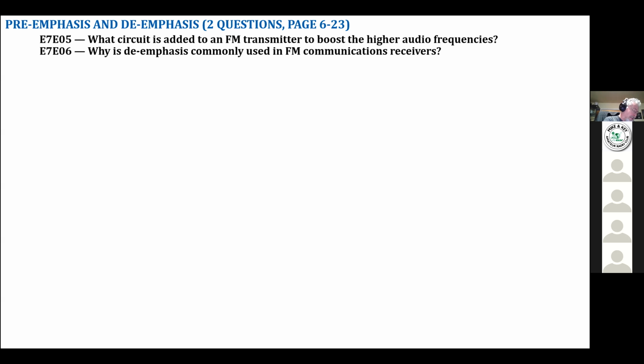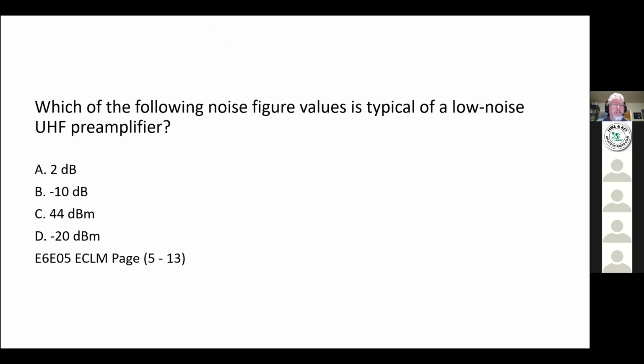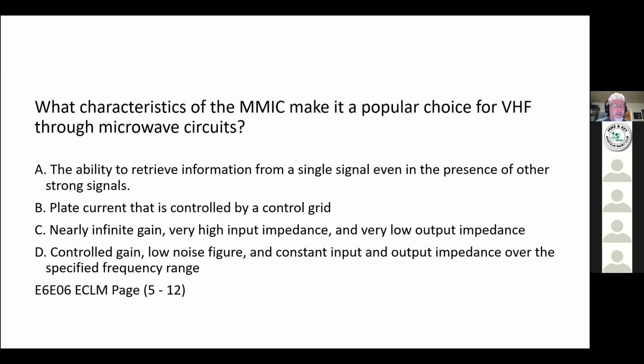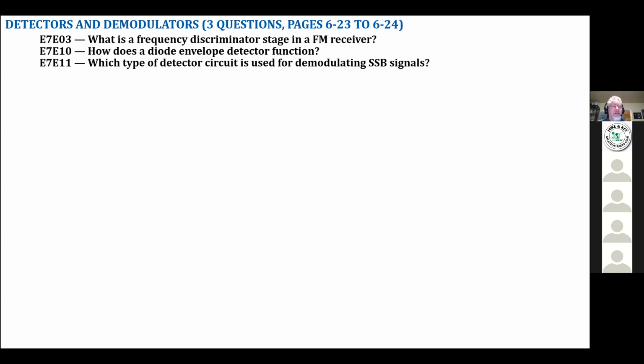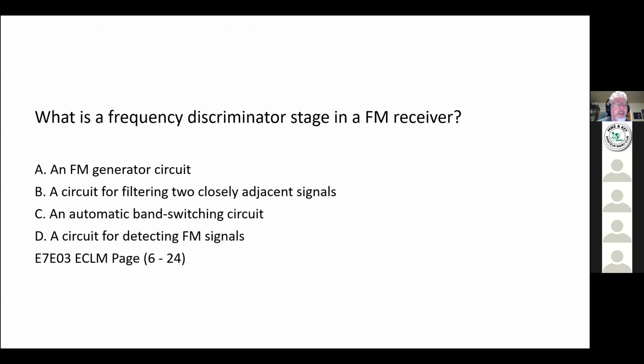So E7, E05, and E06. Good grief. Okay, so these are both wrong. Hopefully I did do a whole sequence again. E7, E03. Yay, that looks good.